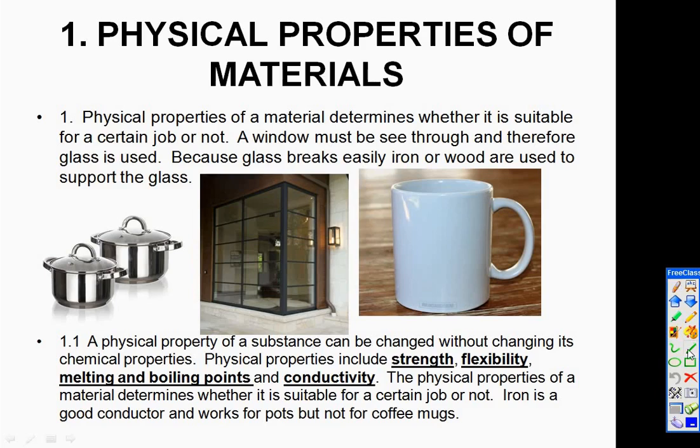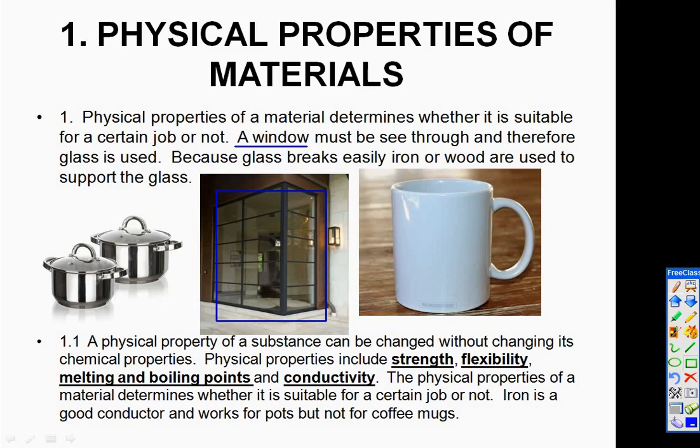Firstly, the characteristic of a window is that you can see through it, but a window can be very brittle, not a very strong material. That's why we put a window in a window frame.